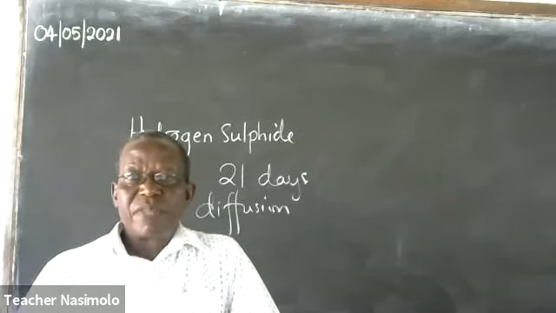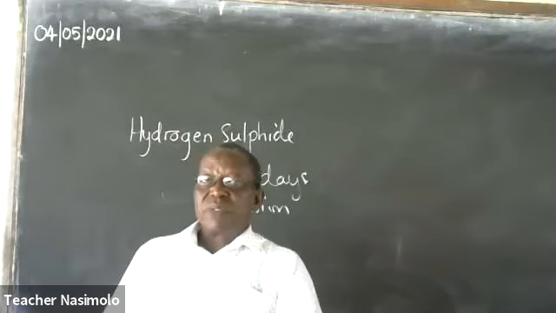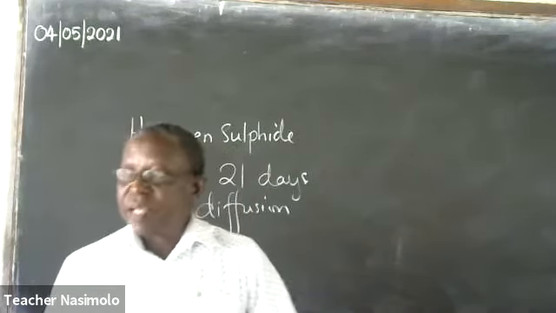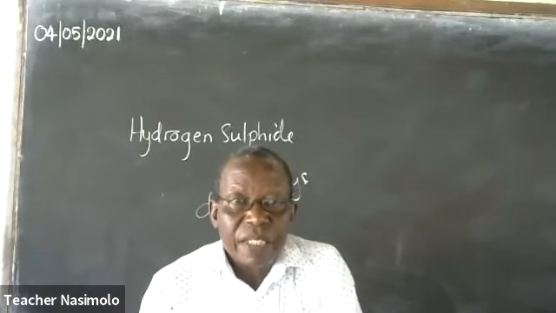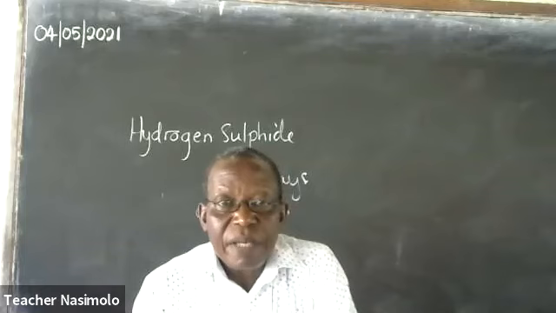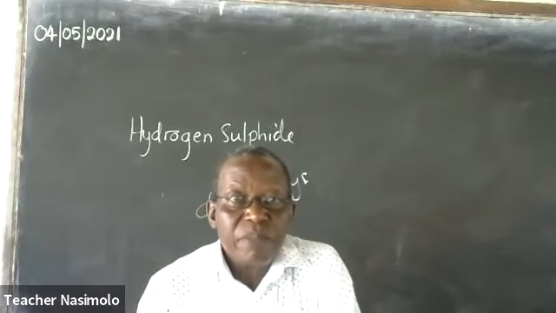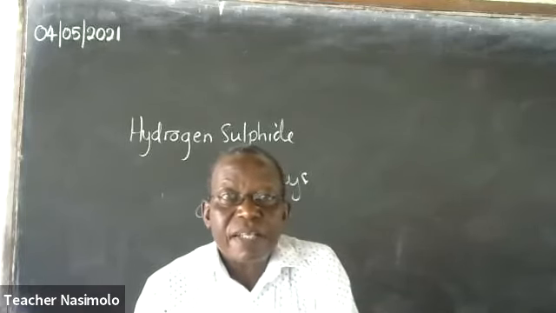So there are so many things that we can talk about that explain the particle nature of matter, so that we can be able to explain them when that time comes.